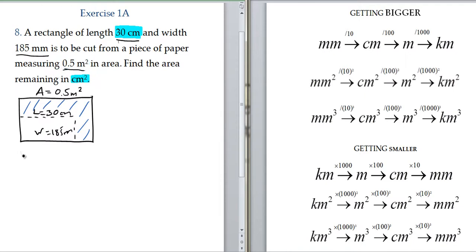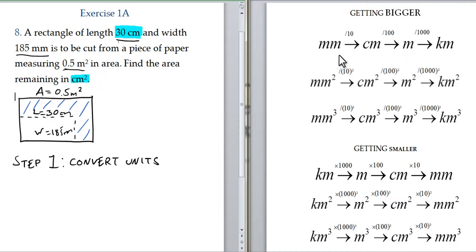So step 1 will be convert units. Okay, well, the 185 is in millimeters. We want to go from millimeters into centimeters. Now remember, you can't go into centimeters squared because that would be a different dimension. You have to go into the same dimension, right?